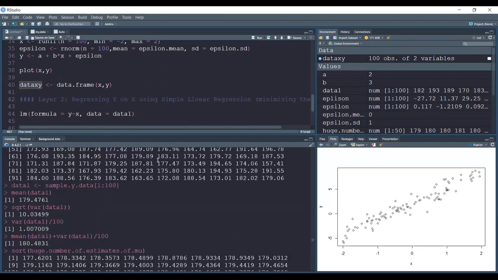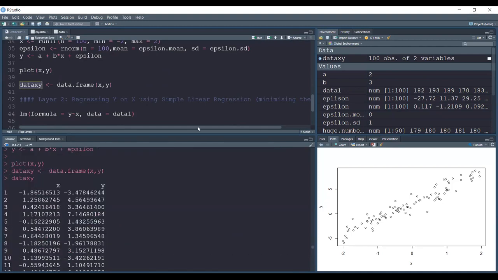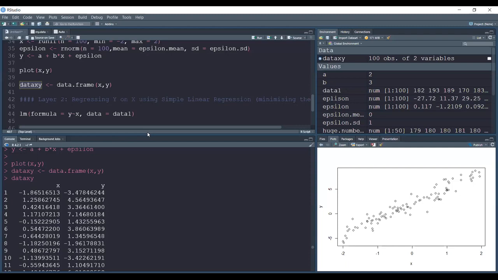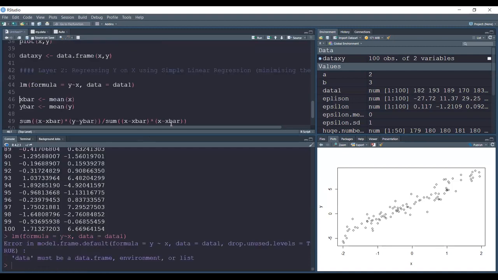How do you calculate the residual standard error? First of all, you need RSS. Okay. Now, how do you get RSS? RSS is a single value, and it depends on the residuals. Now, how do you get those residuals?